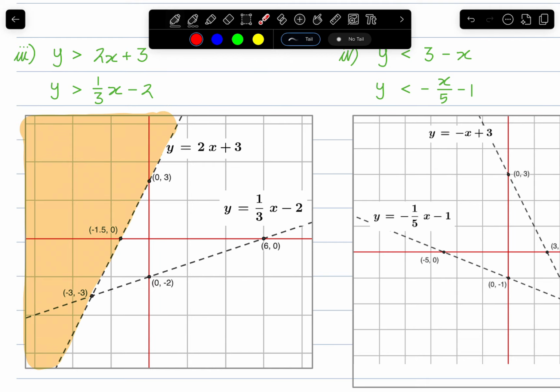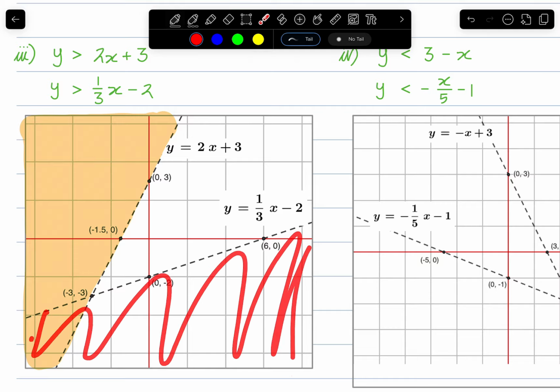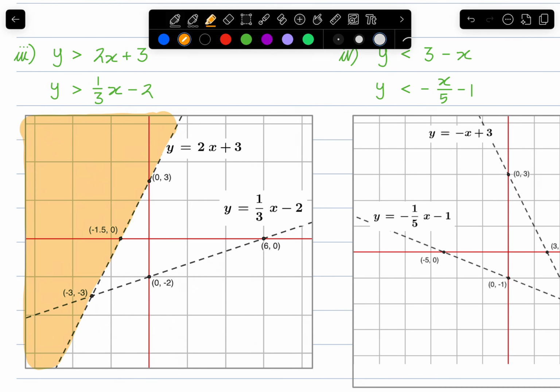In this case, that's not true. This point is below the line at this point. So we are not going to shade this region, but we are going to shade the region above the line. So this one here.